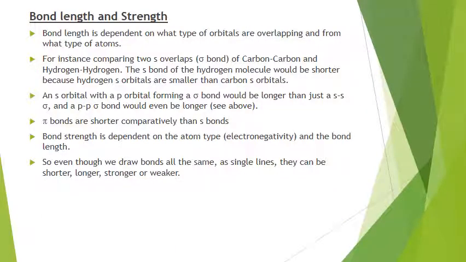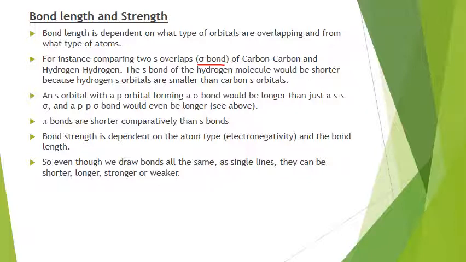Bond length and bond strength. Bond length is dependent on what type of orbitals are overlapping from what types of atoms. For instance, comparing two s overlaps, a sigma bond of a carbon-carbon and a hydrogen-hydrogen.